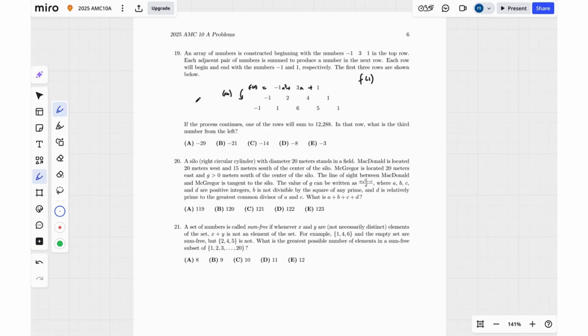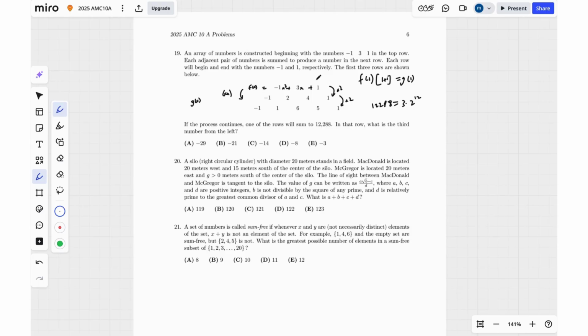So if we let the second row be g of x, we have f of 1 times 1 plus 1, because x equals 1, equal g of 1. So that means that for every row, it doubles. We notice that 12288 is equal to 3 times 2 to the 12.